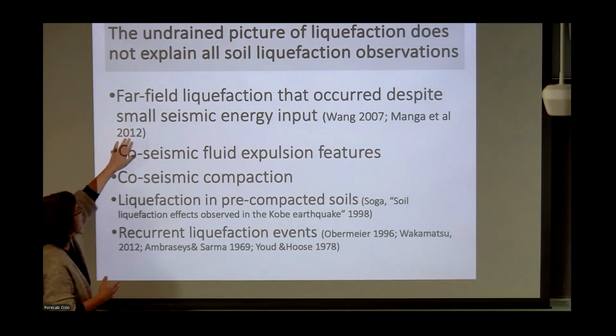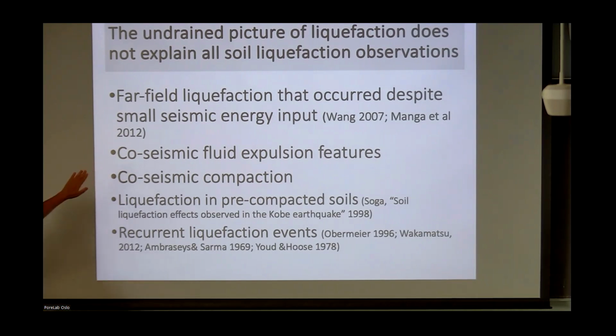Well, the first one that is maybe the most important is that far field liquefaction occurs. That means that the undrained process predicts, as I'll explain in a few slides, that liquefaction occurs in the near field, that is about one fault length away from the earthquake.